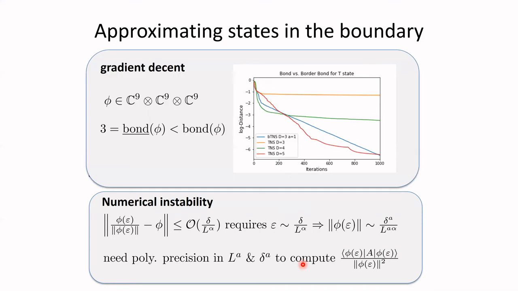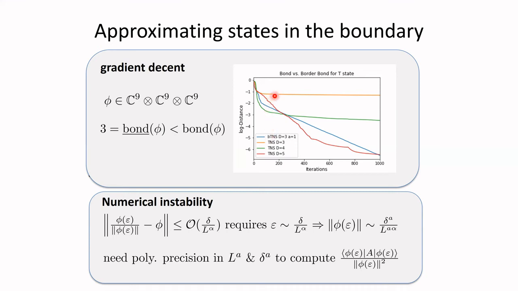So here's an example of a gradient descent where we try to find a state in C9 tensor C9 tensor C9. So the actual structure of the state is not so important. The important part is that we know that the border bond dimension is smaller than the bond dimension. And then we try to find the state once with a normal tensor network approximation and within our new border tensor network state class.